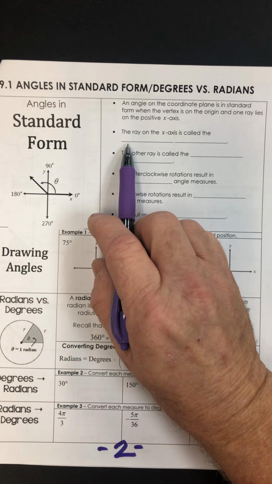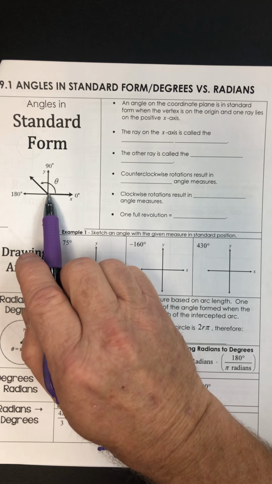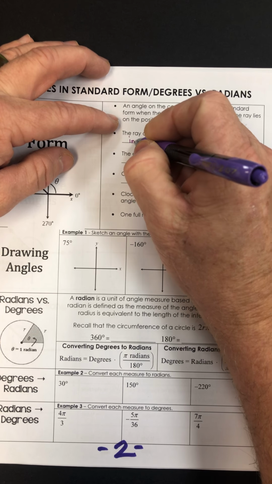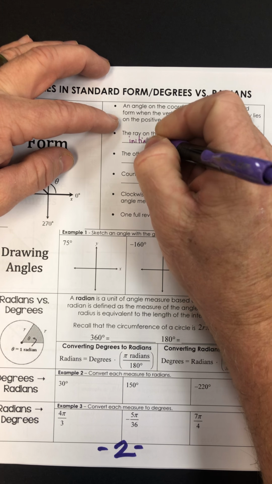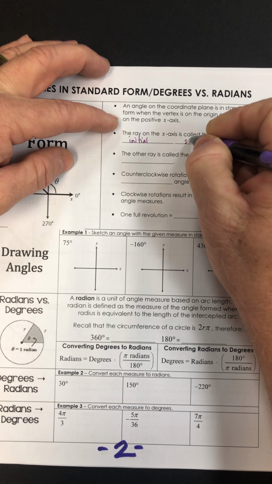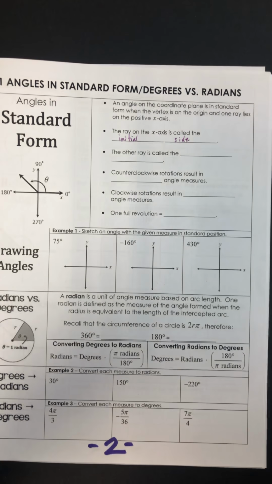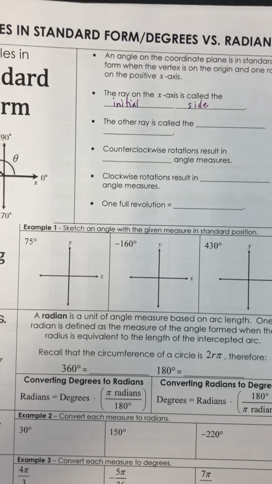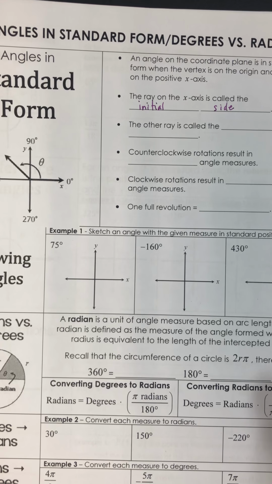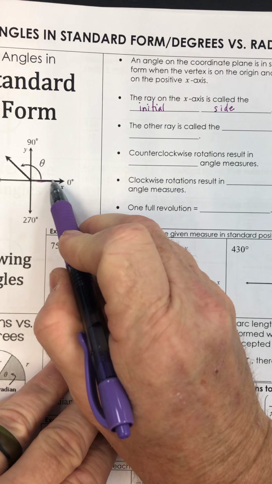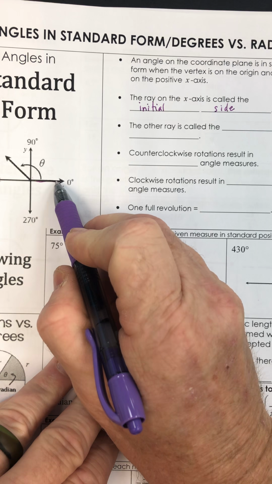The ray on the x-axis, this side right here, is called the initial side. So that's where we start. The initial side. So this positive x-axis part is where we start.